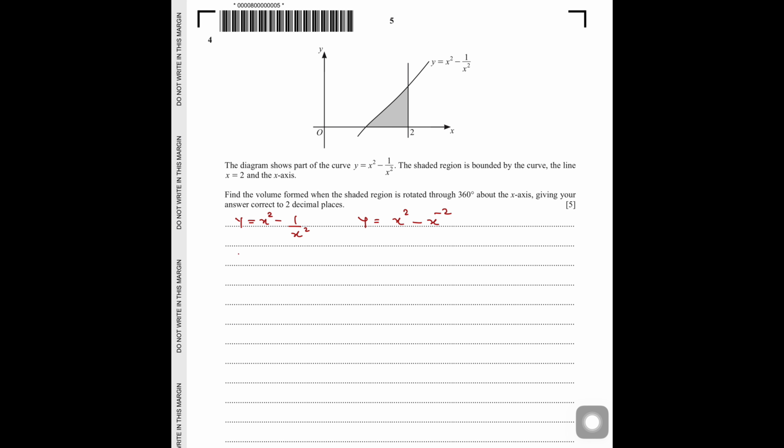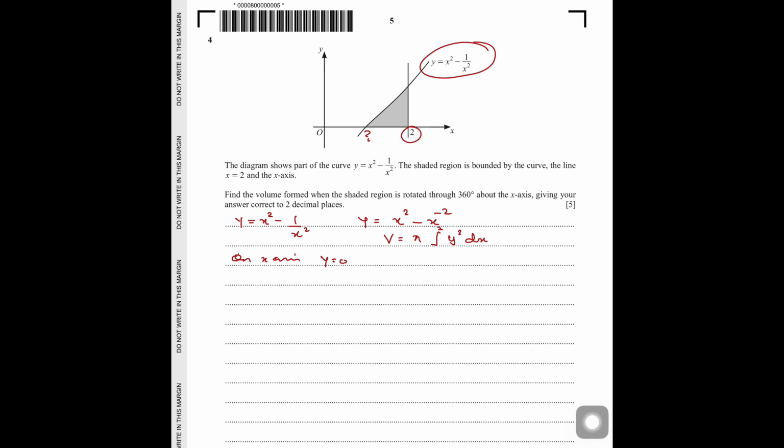So volume rotated. Volume is pi integration y squared dx. So I know from somewhere to 2, but I do not know this value. I know up to 2. So how do I find that value? On the x-axis, y is 0.